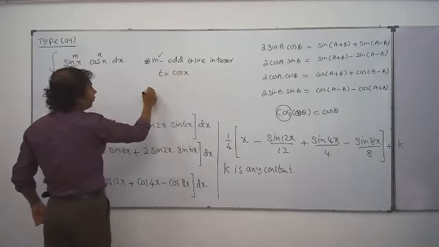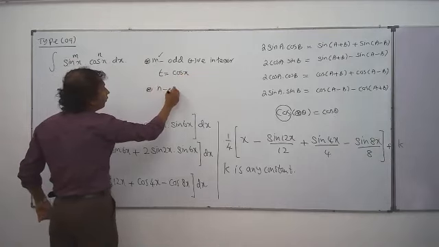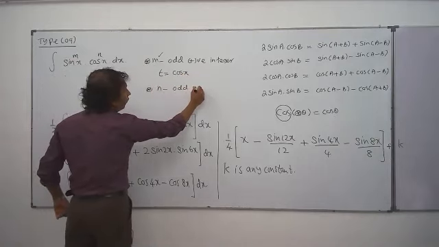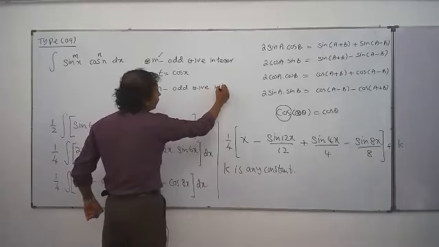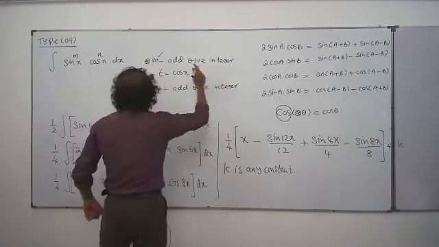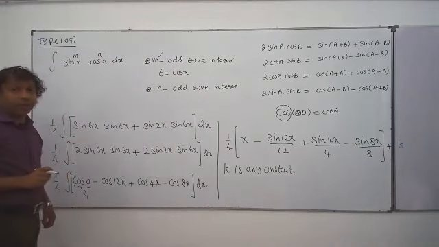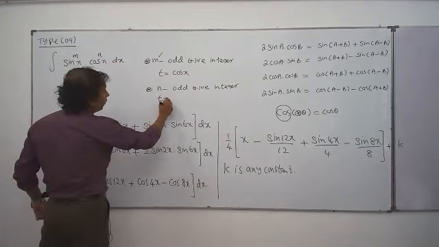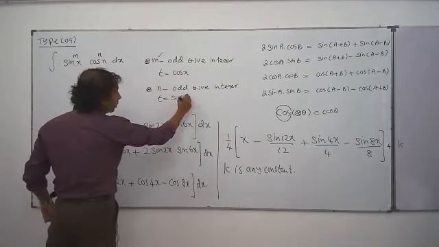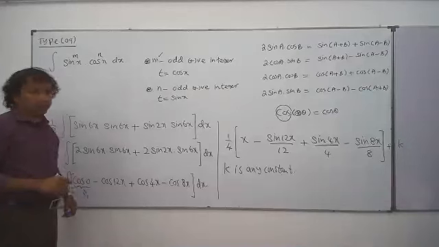If this n is odd positive integer, that means the power of cos x is odd positive integer, people, substitution is t equals sin x. Right? t equals sin x.